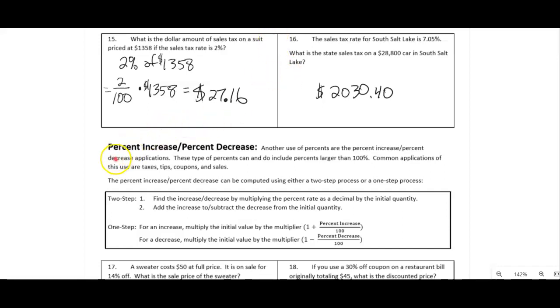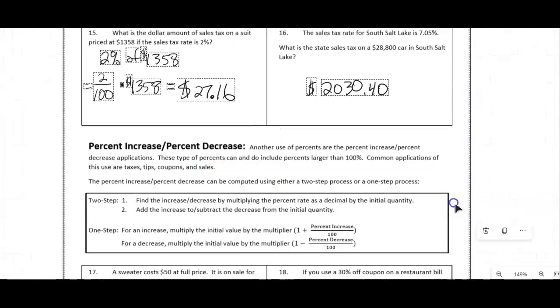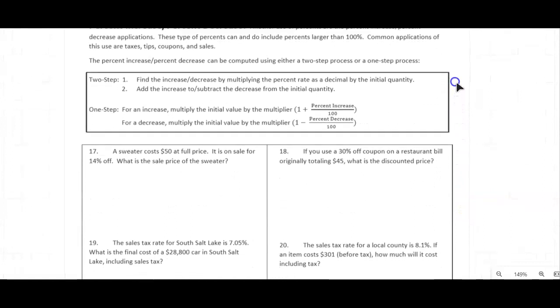Next type of percent increase, percent decrease. So this is a very common application of percents in society. Common applications: taxes, tips, coupons, sales, etc. And you can either do a one-step process or a two-step process.